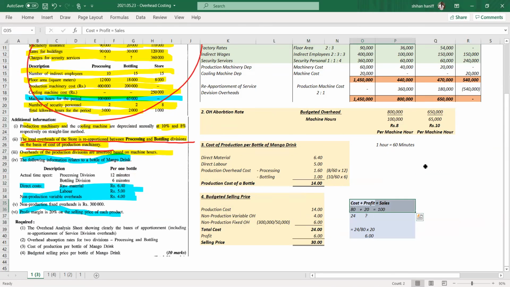If you didn't understand this part, I'll share the video. It's better to check that because then it's easy. I have fully covered the markup and margin concept.